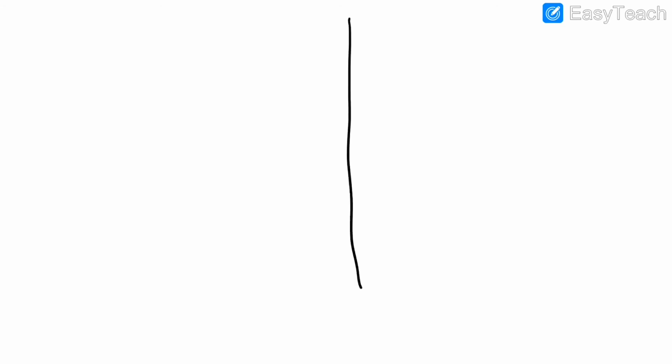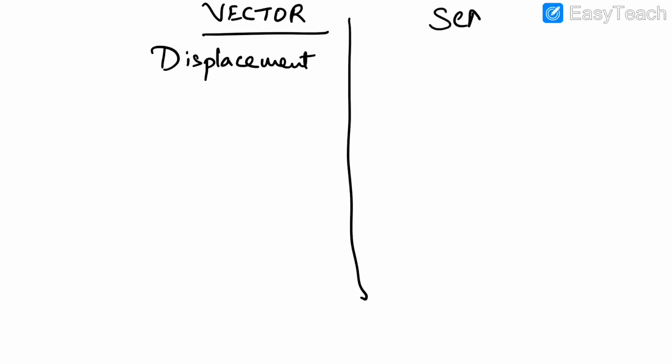By examples we have seen that displacement is a vector quantity. And what is a scalar? The scalar version of displacement is the distance.